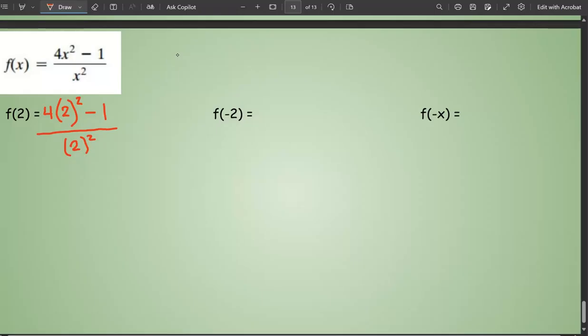Remember to follow your order of operations. Parentheses, exponents, multiplication and division. So I have to do my exponents first. So that's 4 times 4 minus 1, over 4. So 4 times 4 is 16. 16 minus 1 is 15. And 15 divided by 4.